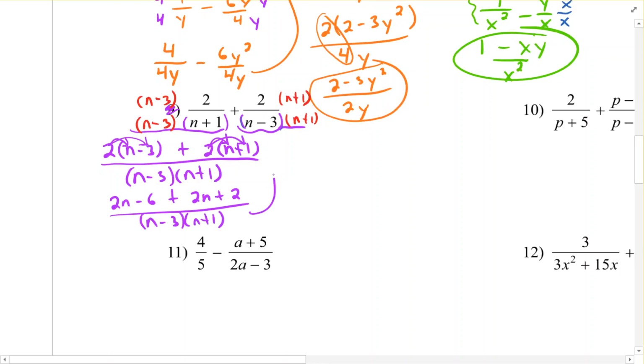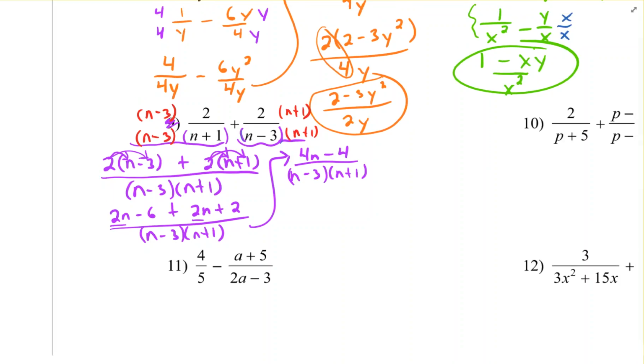Saving room up here, I'm just going to collect my like terms. So I've got 2n and 2n is 4n, and then minus 4 over n minus 3 times n plus 1. And now that's pretty much it.